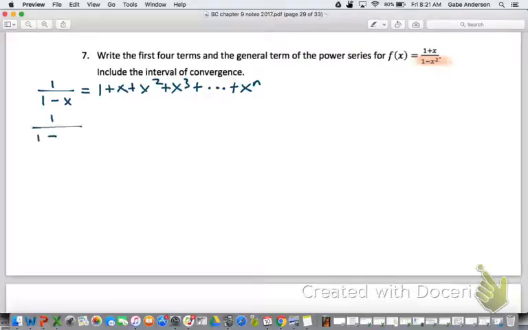1 over 1 minus x squared equals 1 plus x squared plus x squared squared plus x squared cubed plus dot dot dot plus x to the what? 2n. Right. Okay, so there's that.